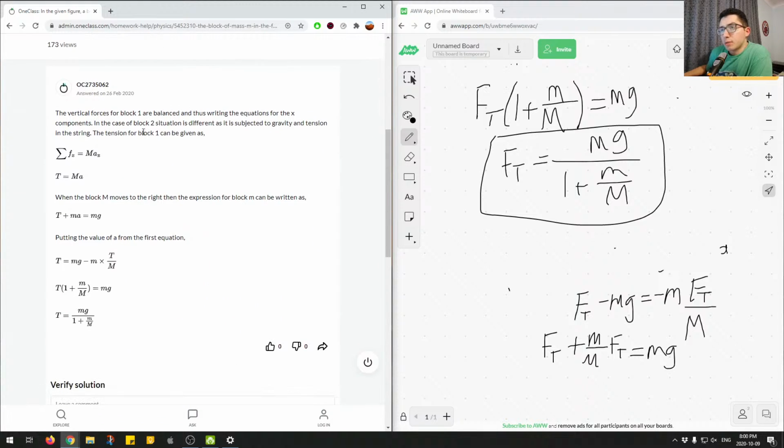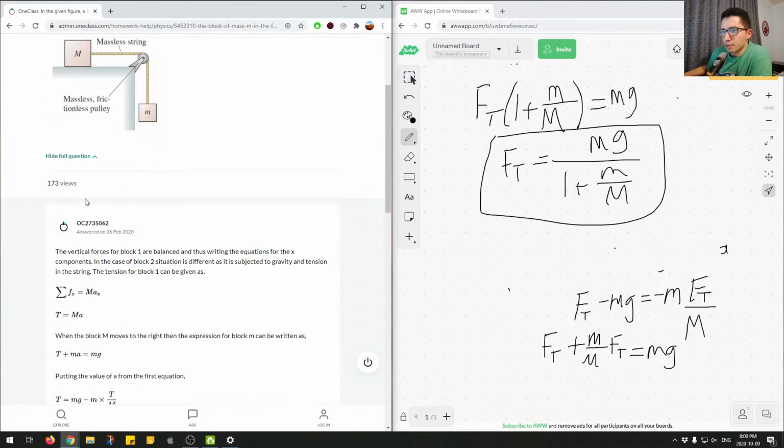So let's look at the attempted solution. The vertical forces for block 1 are balanced, and thus writing the equation for the x components. In the case of block 2, the situation is different as it is subject to gravity and tension. So for the first mass, they derive the equation, and they represent T here as the force of tension. We have Ft, so it's just the same variable.